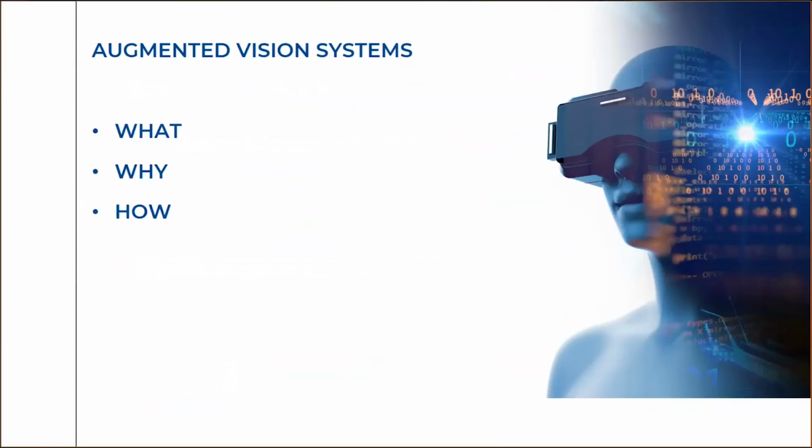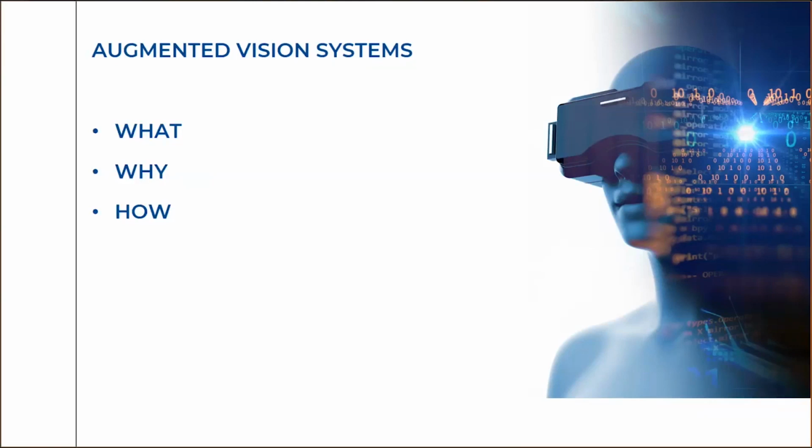Moving on, what we're going to talk about today is an introduction to augmented vision systems. We're going to look at what they are, what the terminology is, why we might want to use these within an avionics system, and how we can go about implementing these and what's available to do that. As I mentioned before, today is an introduction.